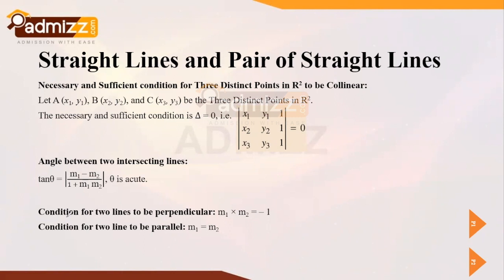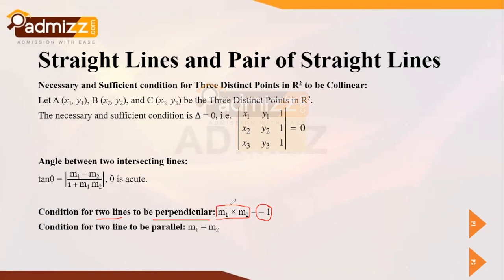Now to check whether lines are parallel or perpendicular, we already studied the concept of slope just a few minutes ago. What is the condition for two lines to be perpendicular? The product of the slopes must equal -1.